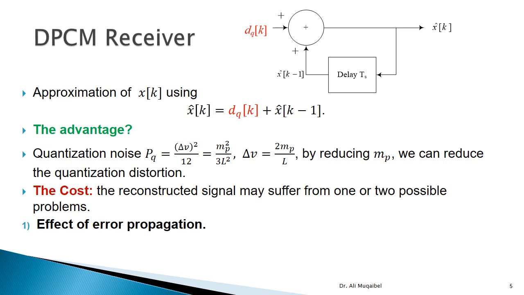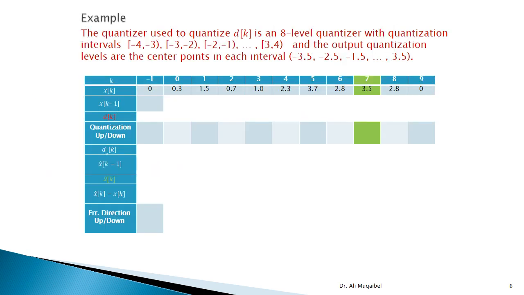There are two problems that might occur: first, error propagation, second, accumulation of quantization noise. We'll explain these two in the coming slides. But remember that using DPCM, which means relying on the difference, could result in error propagation and or accumulation of quantization noise. Let's look at an example.